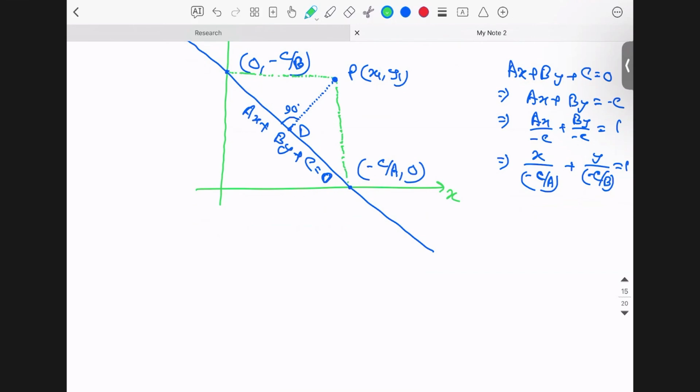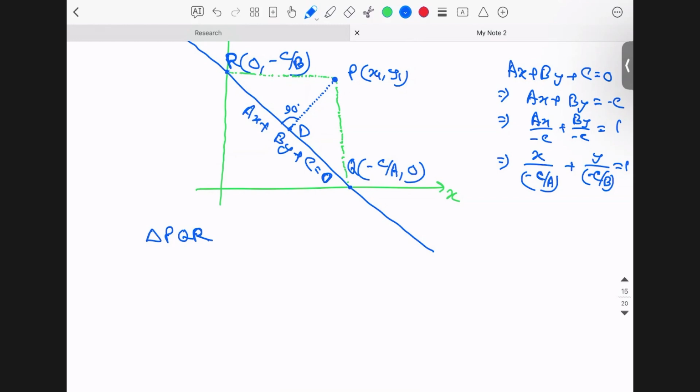If I name it, this point can be Q, and this point can be R. Thus we obtain a triangle PQR.